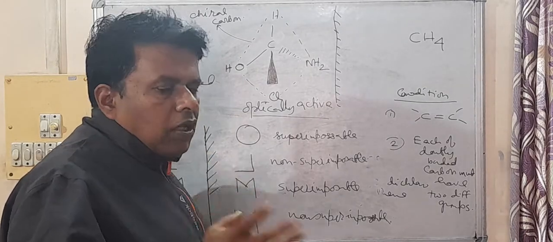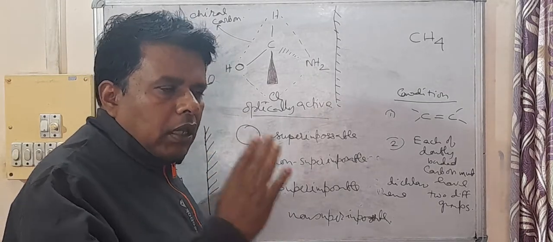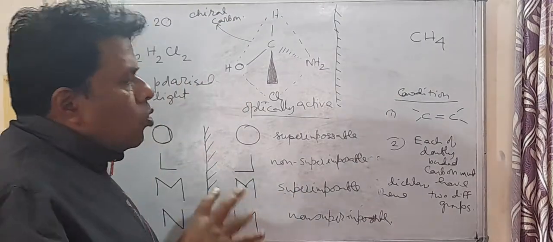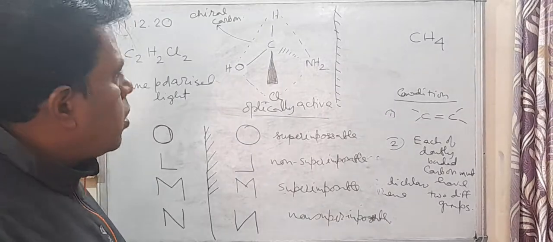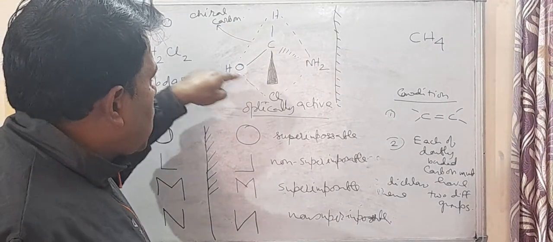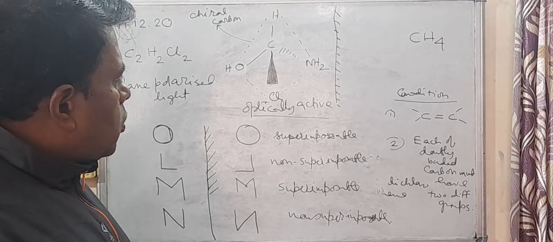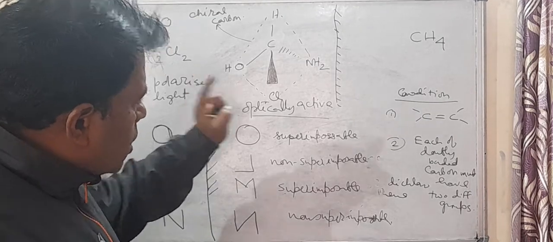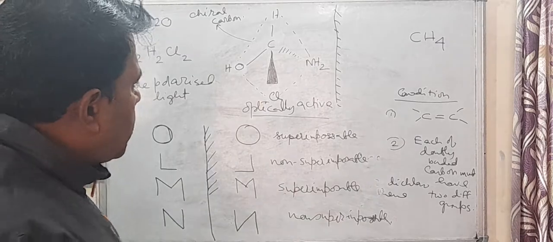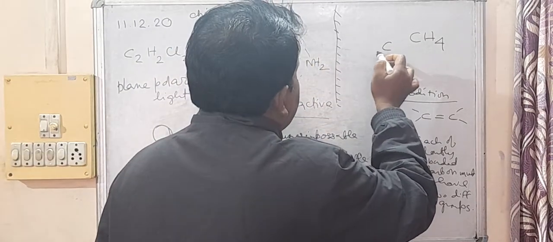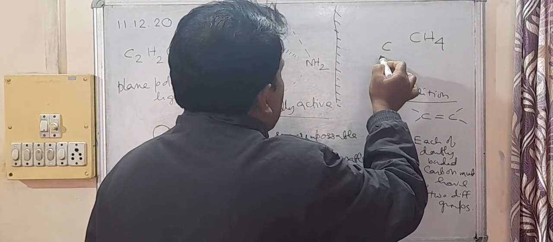And it will be optically active, when there occurs deflection of the plane polarized light, when there are 4 different groups attached to the carbon atom. So for such compounds, there will be 2 forms that I am drawing here.